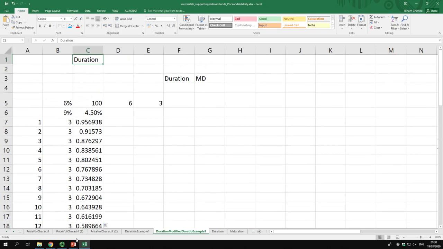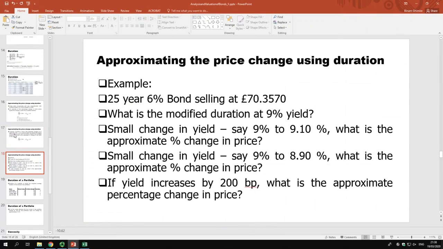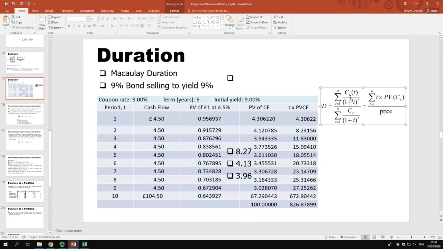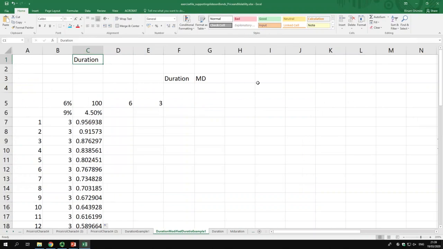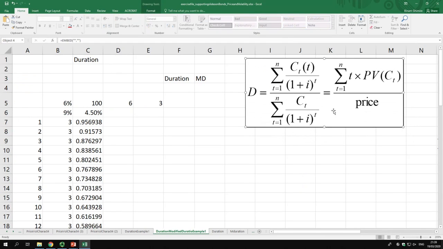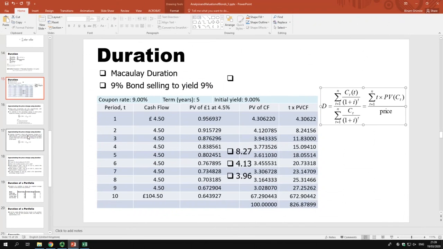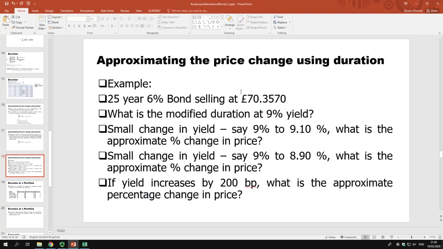Now remember, we're talking about calculating duration and modified duration, and the formula for duration is here. To use this particular formula, you need these. So basically the price of the bond, which the question has already given you, which is 70.3570.